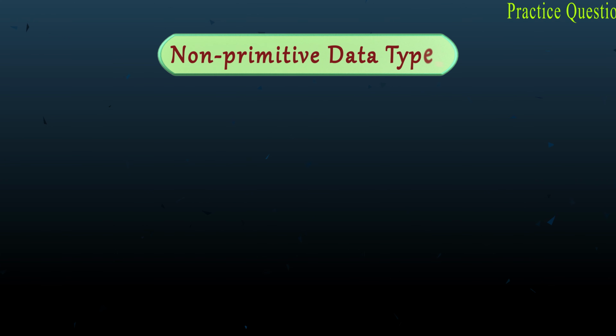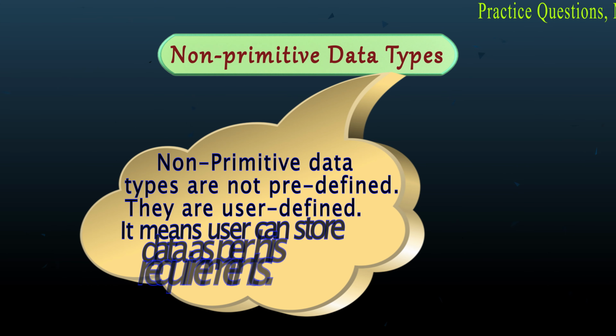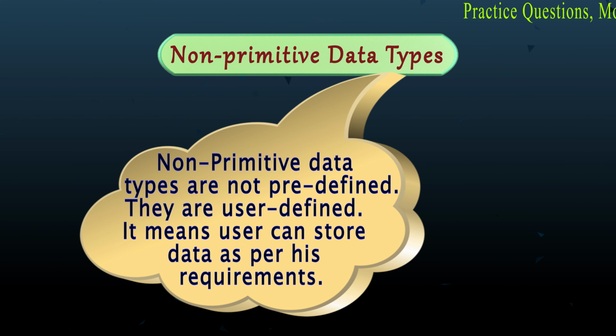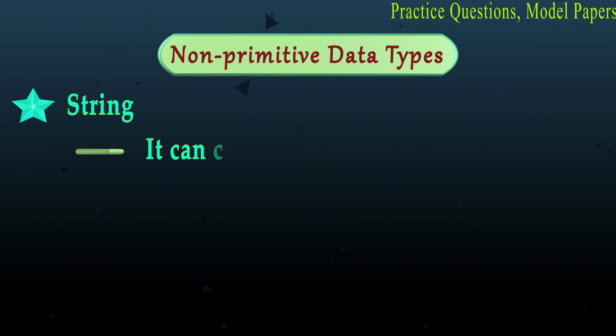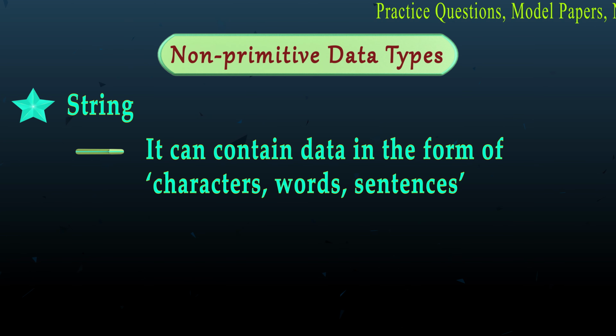So next we are having non-primitive data types. As the name represents, non-primitive means that these are not predefined. If the developer wants to use user-defined data types, then he or she can create non-primitive data types, like string, which can be used for characters, words and sentences.